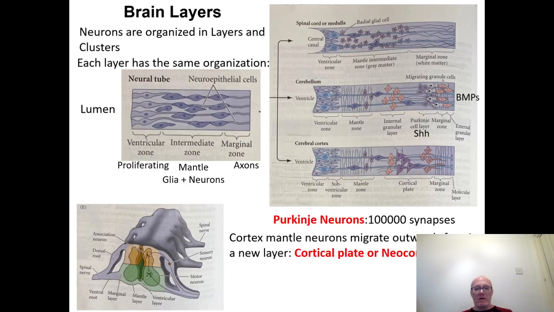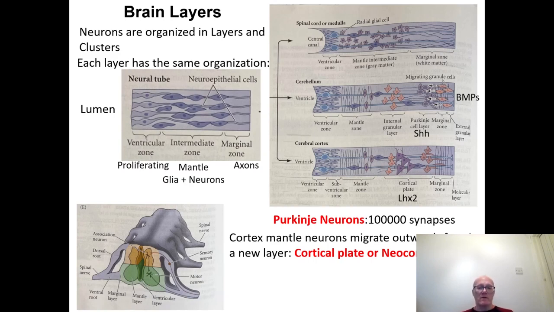Now, the cerebral cortex is particularly important because some of the neurons from the mantle actually migrate more externally, forming a layer of neurons called the cortical plate. This cortical plate is also referred to as neurocortex or neocortex.